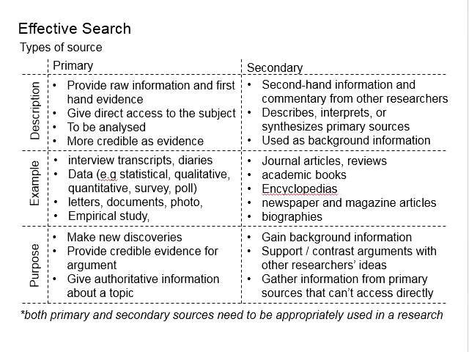This kind of information is more credible as evidence. In other words, the primary sources are referring to the raw data and results obtained from certain studies, which are considered the first-hand information acquired by some parties and institutions.